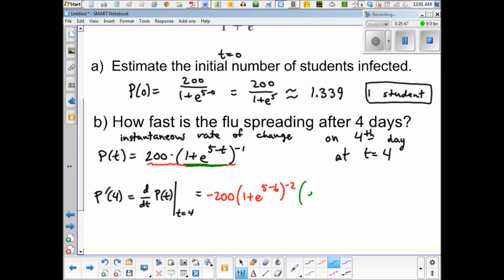So we know now that means we're going to be doing the derivative as e to the something, times the derivative of that something. So the derivative of that something is this blue part right here. The derivative of 5 minus t is simply negative 1. I think I'll just put the negative 1 right there.